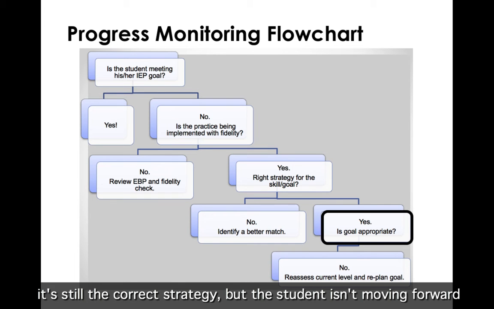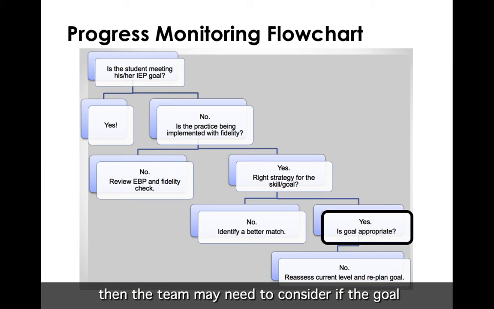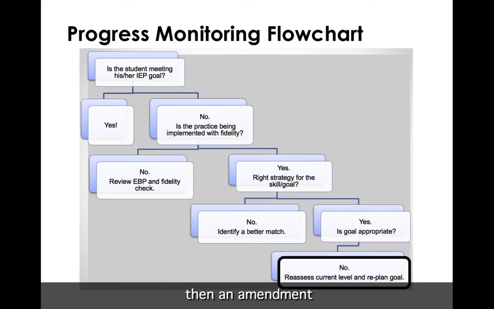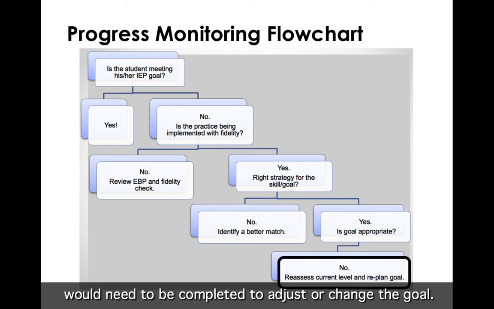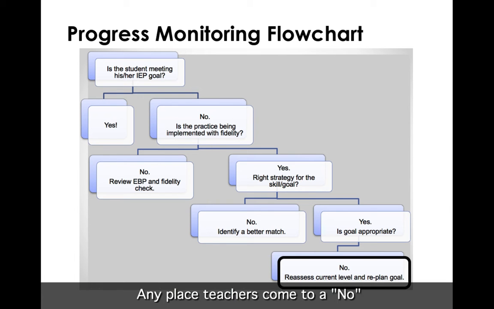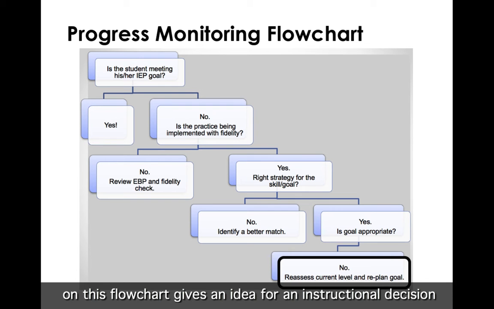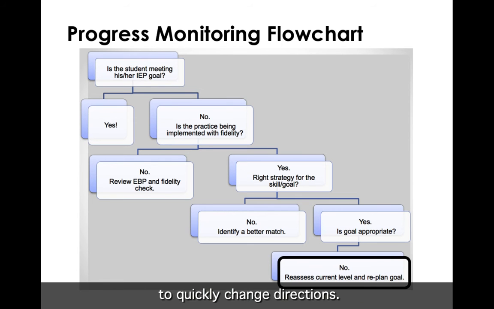If yes, it's still the correct strategy but the student isn't moving forward, then the team may need to consider if the goal is appropriate, and if the team determines the goal is not appropriate for the student, then an amendment would need to be completed to adjust or change the goal. Any place teachers come to a no on this flowchart gives an idea for an instructional decision to quickly change directions. Examining teacher practices is a great place to start when students seem to be stuck.